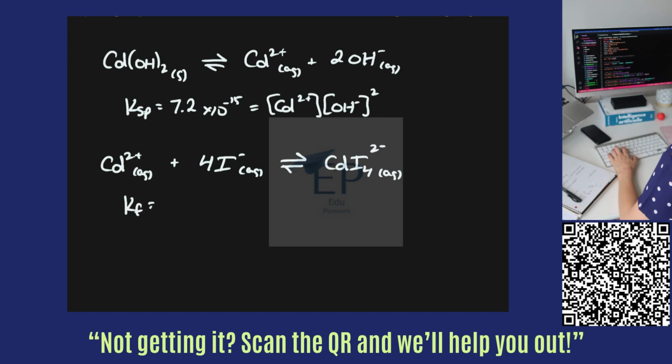This would be a complex here. The formation constant is 2 times 10 to the 6, and the expression here is [CdI4 2-] over [Cd2+][I-] to the 4th.